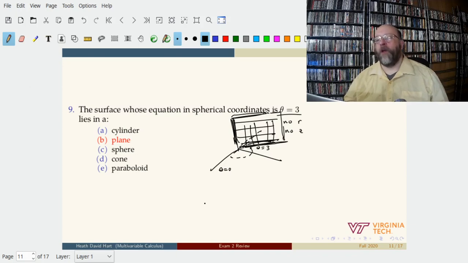We're fixed at going this far around from the positive x-axis, but we are not restricted in how far out or how far up we go. Okay?